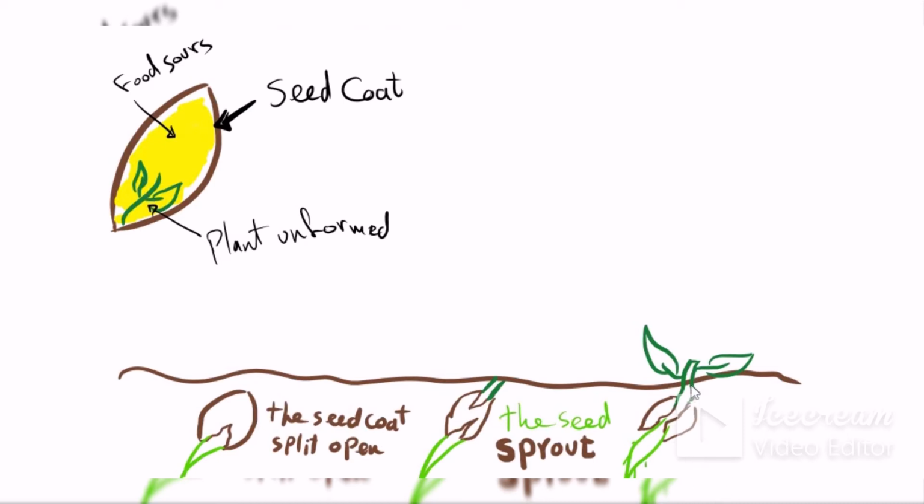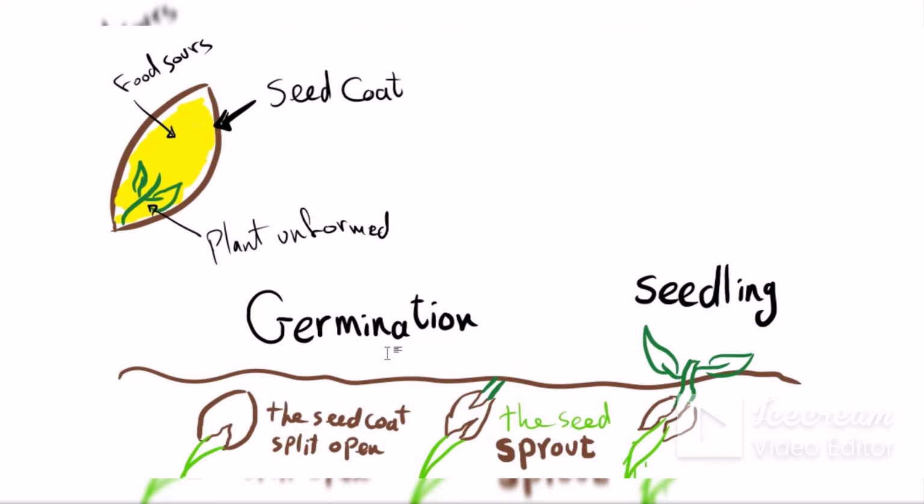But now when the plant has this stem and these leaves, it can make photosynthesis and make its own food. We can say that is germination, the first step, and the seedling will be the last step in the germination journey.